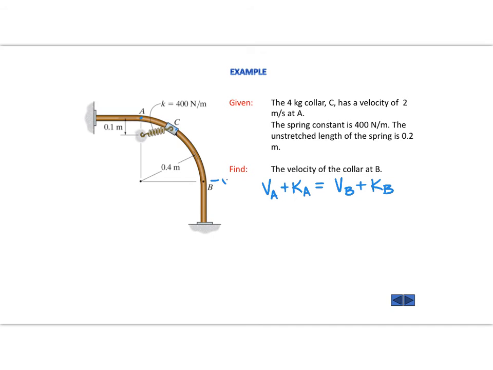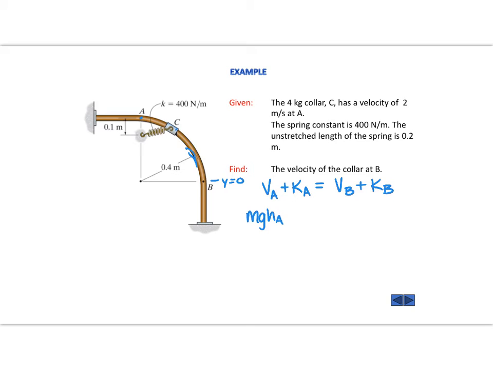And we're going to let this be our y equals 0. When it's at point A, it's going to have a potential energy, mgh_A. Notice that this portion is like a semicircle, well, it's a quarter circle.